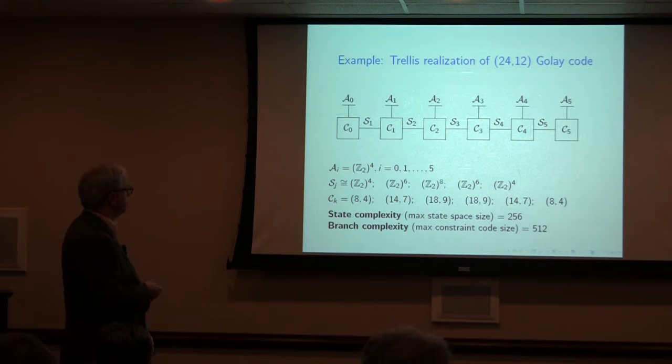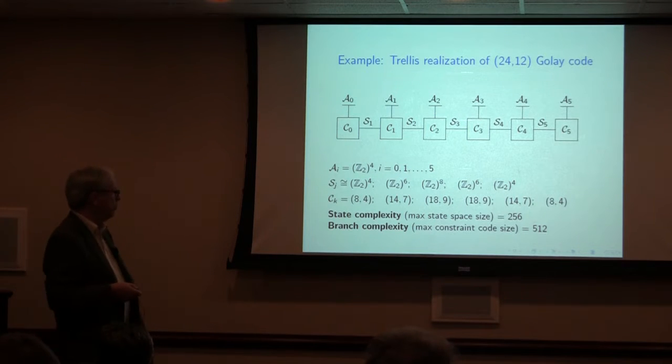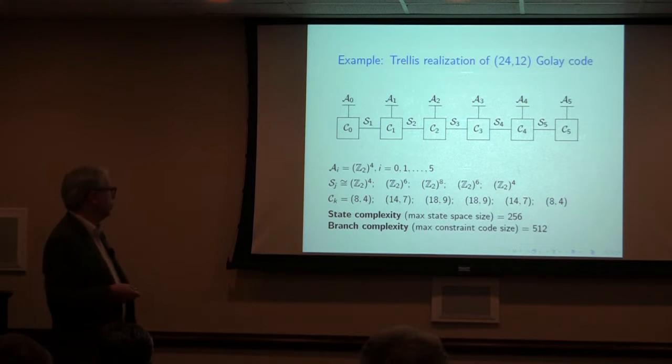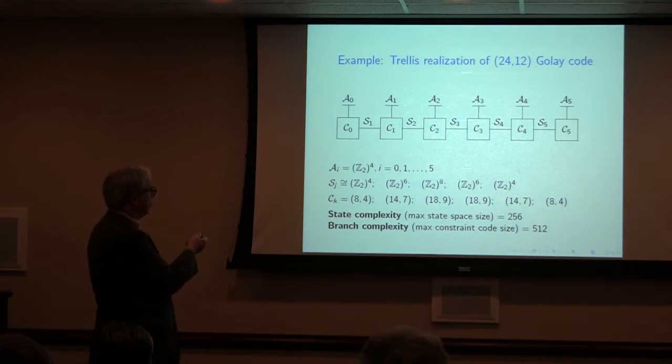The constraints, therefore, are all self-dual block codes, and these are their parameters. The 2 in the middle have parameters 18, 9. That means they have 512 code words of length 18, the 18 being the 4 input bits, the 6 bits to one side, and the 8 bits in the center state.